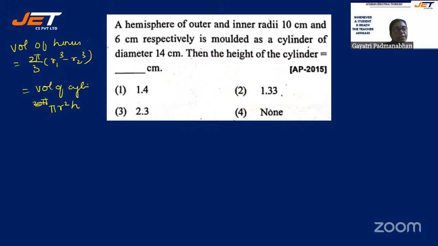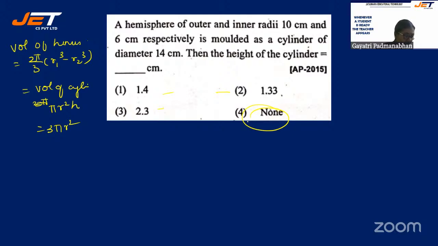So you can just cancel this to arrive at your answer 3 pi r square. So where none of the amount tallies, so your option is none. Okay? Yes. So this is the earlier sum, hemisphere. Okay, see the next sum.